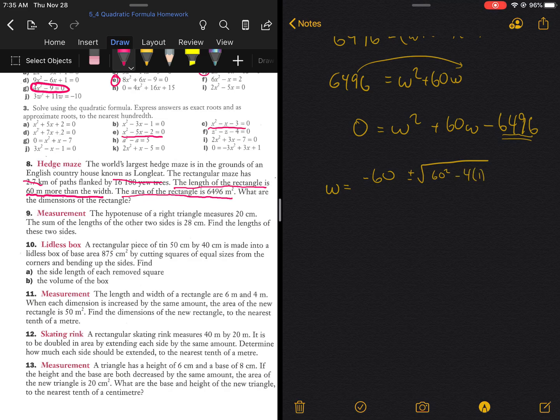Minus b plus or minus the square root of b squared, 60 squared, minus 4 times 1 times c, minus 6,496, all over 2a. So we have minus 60 over 2 plus or minus the square root of, what's 60 squared? 3,600.